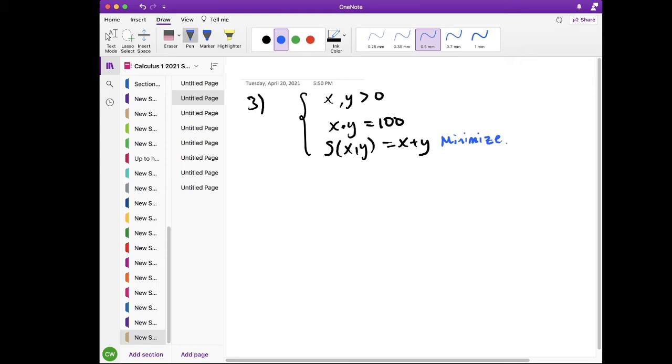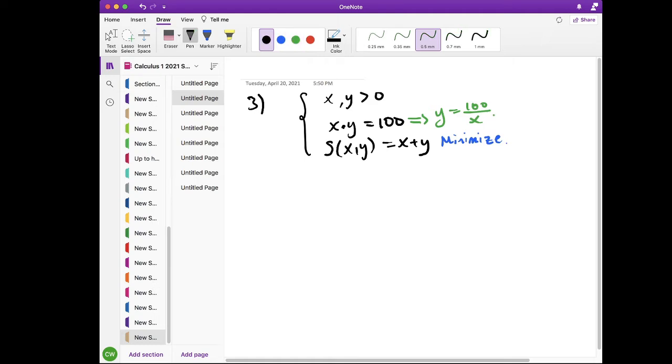So I want to minimize the s function, but I have two variables. So what do I do? Yeah, so in this second piece of information, we have y is equal to 100 divided by x.